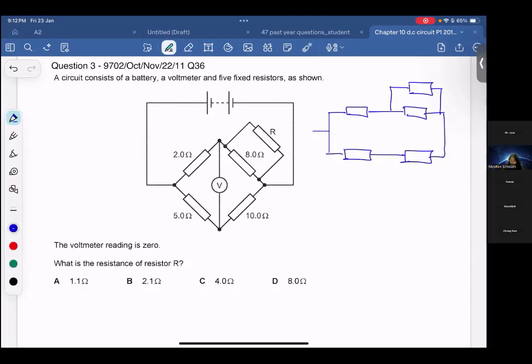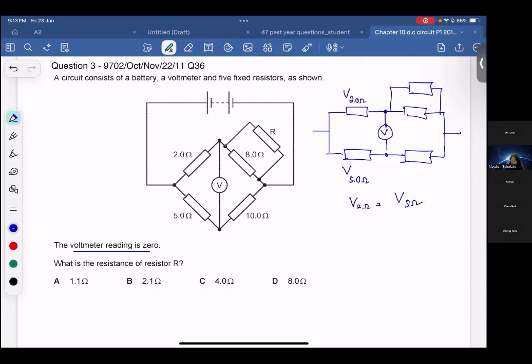They say that from this point to this point, the meter reading is 0. What does it mean? It means the voltage across 2.0 ohm and the voltage across 5.0 ohm are the same. Voltage for 2 ohm equals voltage for 5 ohm. Am I right?